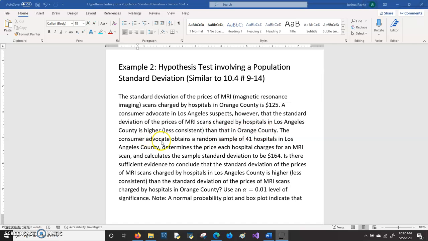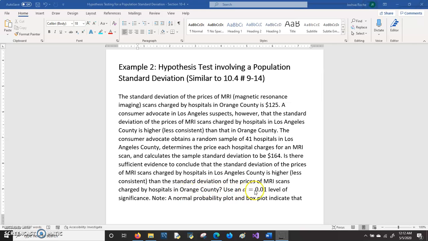The consumer advocate obtains a random sample of 41 hospitals in Los Angeles County, determines the price each hospital charges for an MRI scan, and then calculates the sample standard deviation to be $164. Is there sufficient evidence to conclude that the standard deviation of the prices of MRI scans charged by hospitals in Los Angeles County is higher, or less consistent, than the standard deviation of the prices of MRI scans charged by hospitals in Orange County?